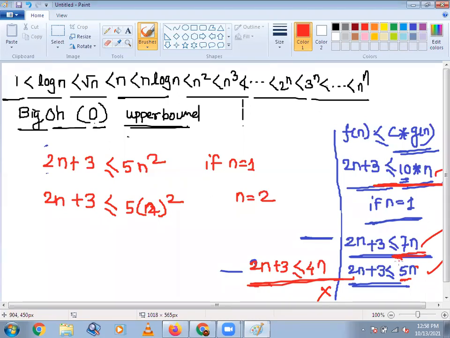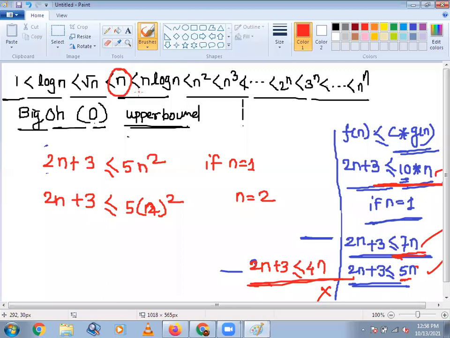So here, what is g of n? g of n is n, and see the above longer equation, 1 is less than log n is less than root n, whatever.